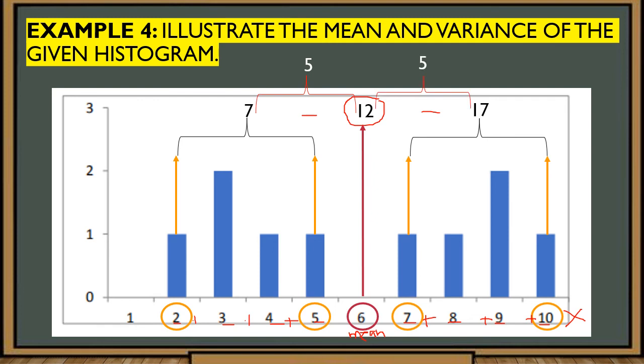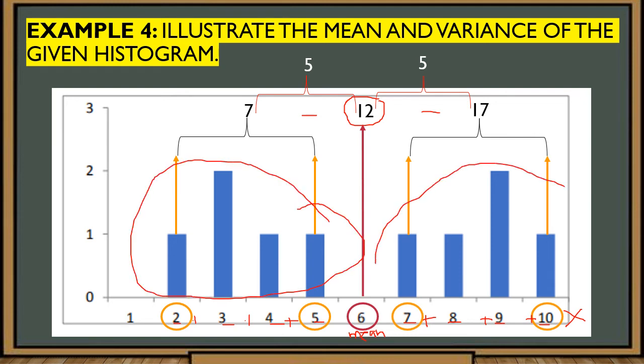If it is negative or positive, it is still positive because distance is the absolute value. Okay, we're going to determine the absolute value. So from here, we arrived at 5, meaning the distance of the elements of this histogram from the mean is given by 5.